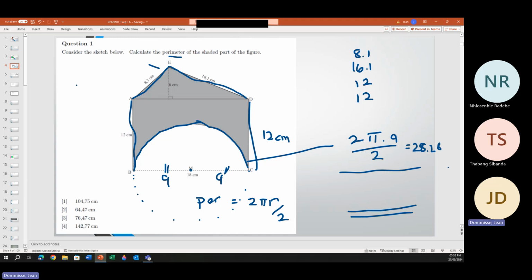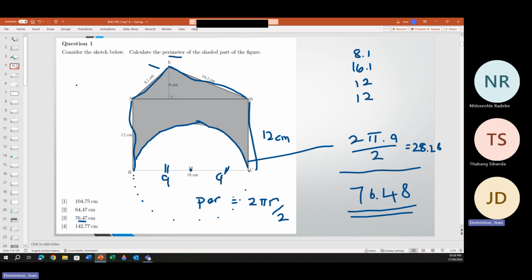So we've got 28.28 plus 12 plus 12 plus 16.1 plus 8.1, which will give us a total of 76.48, which is close enough to 76.47. Okay, so first we need to work out the perimeter of a semicircle.